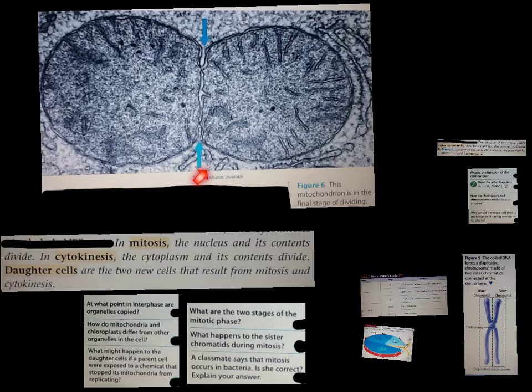Okay, so I need you to know that an important part of interphase includes the replication of organelles. Now you'll remember from a prior lesson that an organelle is a membrane-surrounded component of a eukaryotic cell with a specialized function or a specialized job. So what this is doing is taking those jobs and duplicating them for the other cell, making sure that they are exactly identical.